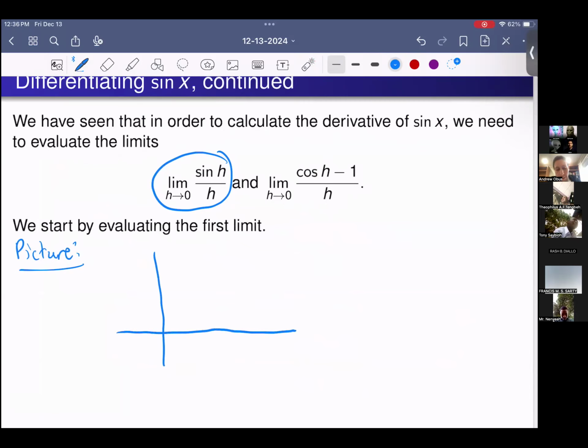Well, if the hypotenuse is 1, we get that sine of h is equal to the opposite over the hypotenuse, which is equal to the opposite over 1. So sine of h is equal to the opposite side here. And that means that this line has length sine of h. So I'm going to label it sine of h in red. Okay, so this line has length sine of h.